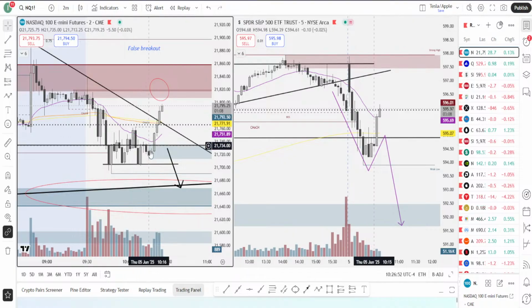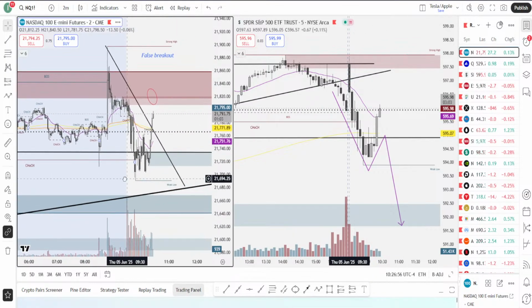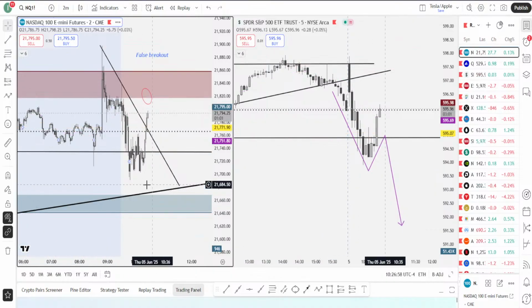Go ahead and remove this line here and all these lines down here. Clean this up a little bit so we can see the price action.